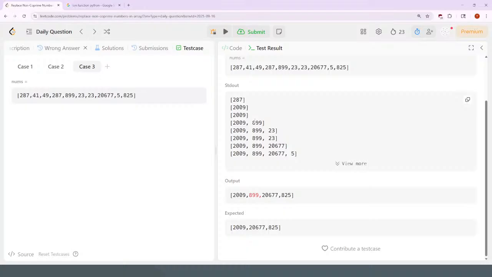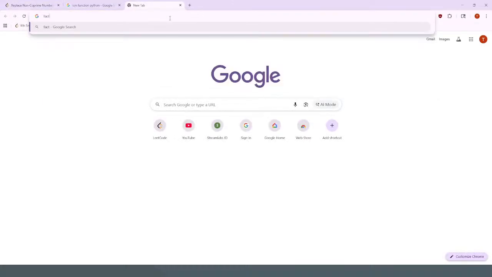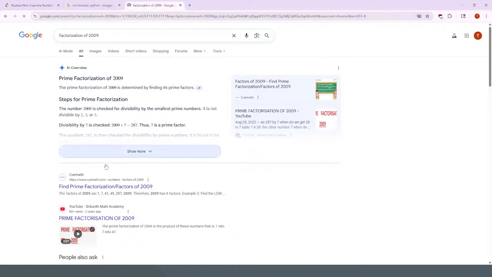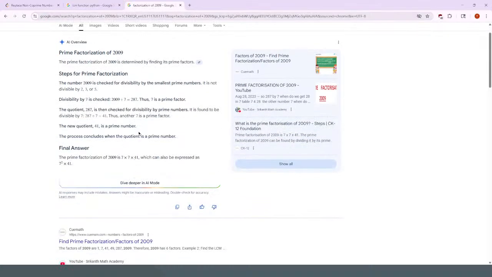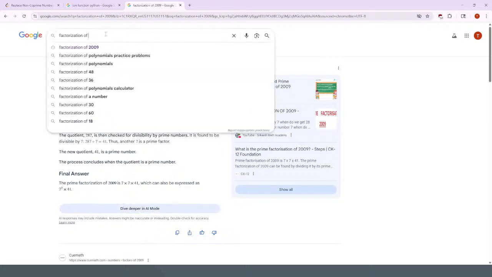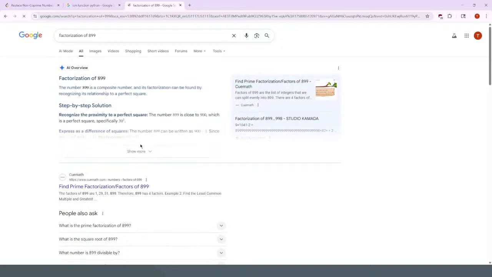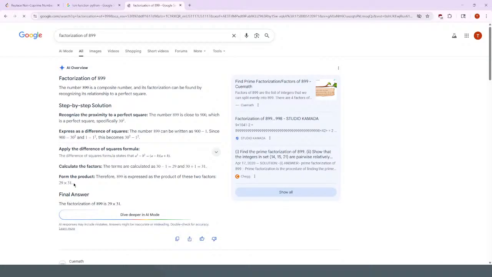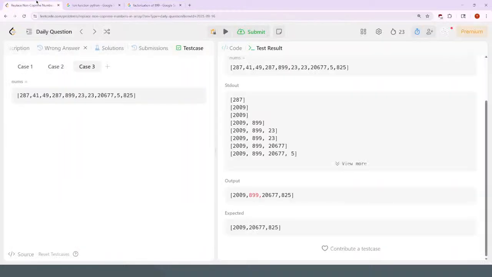And then 899 is added. Okay, let's go factorization of 2009: 7, 7, 41. 899: 29, 31.